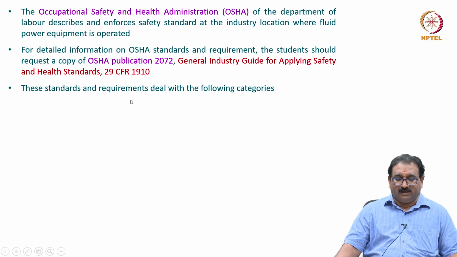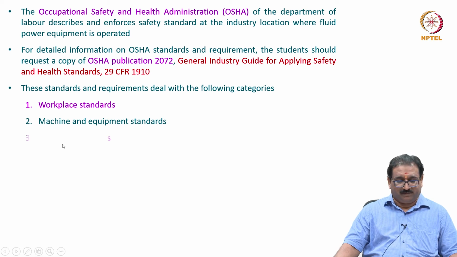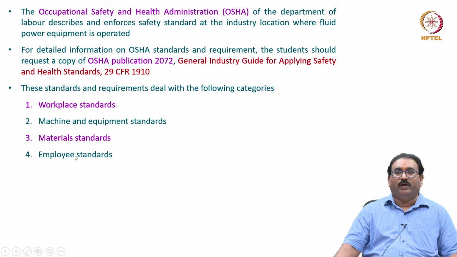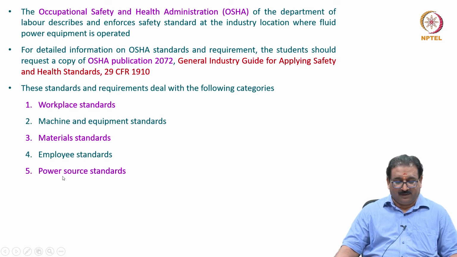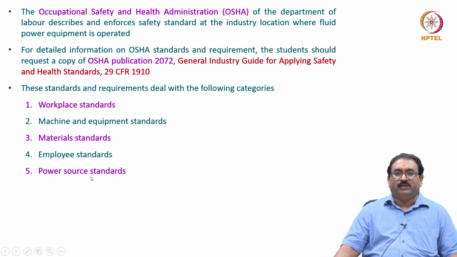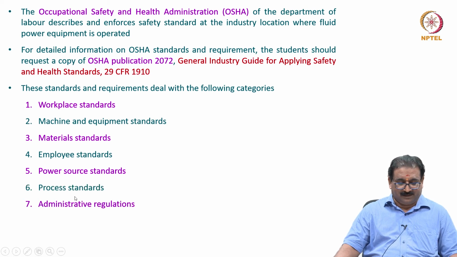These standards and requirements deal with the following categories of standards: workplace standards, machine and equipment standards, material standards, employee standards, power source standards, process standards, and administrative regulations.